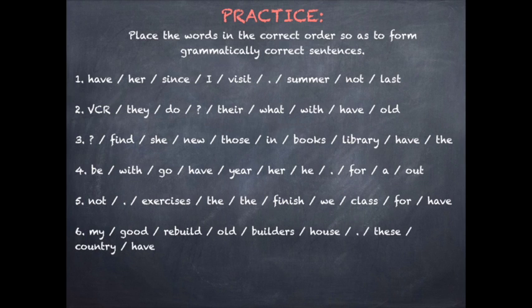As usual, you must stop the video and do it in your notebook. Once you finish, we play the video again, and in a few seconds I will give you the answers so you can correct yourselves. These are the 6 sentences. Stop the video and do the practice. Have you finished? In a few seconds I'm showing the answers.